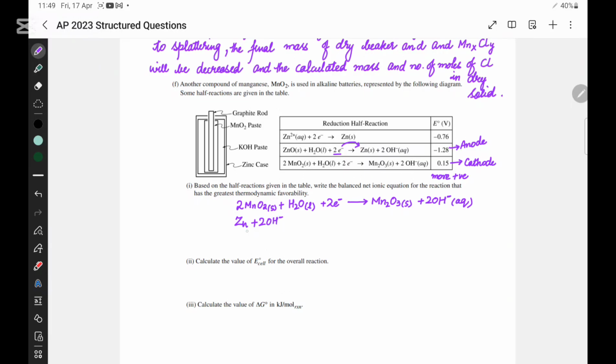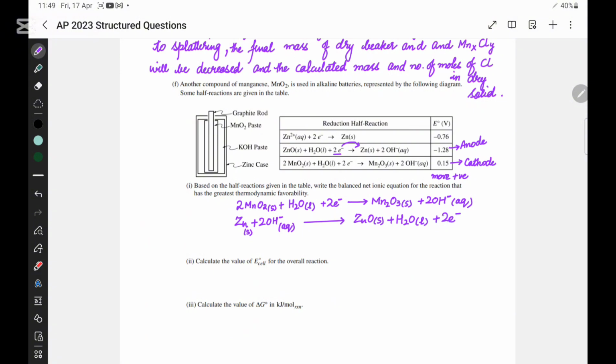We need to write the states as well. Zn is solid, 2OH minus is aqueous, and they form ZnO in solid form plus water in liquid form plus 2 electrons.